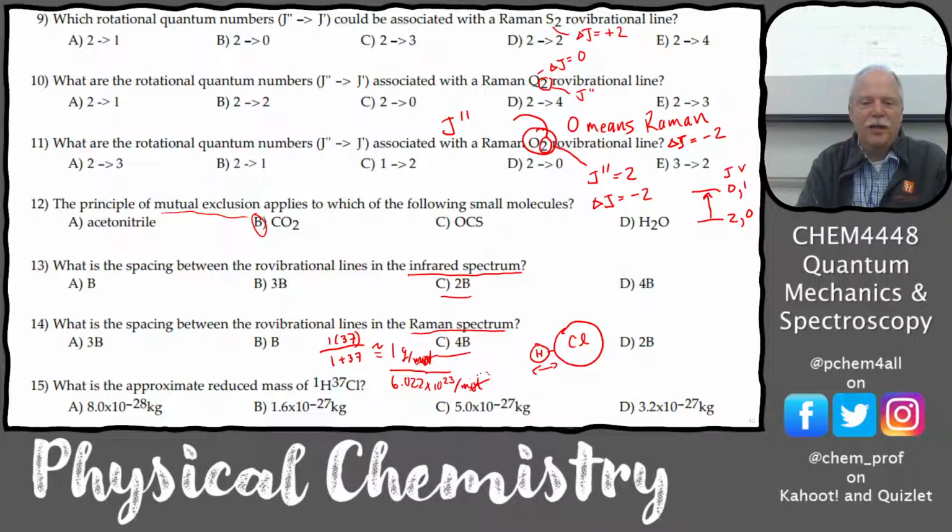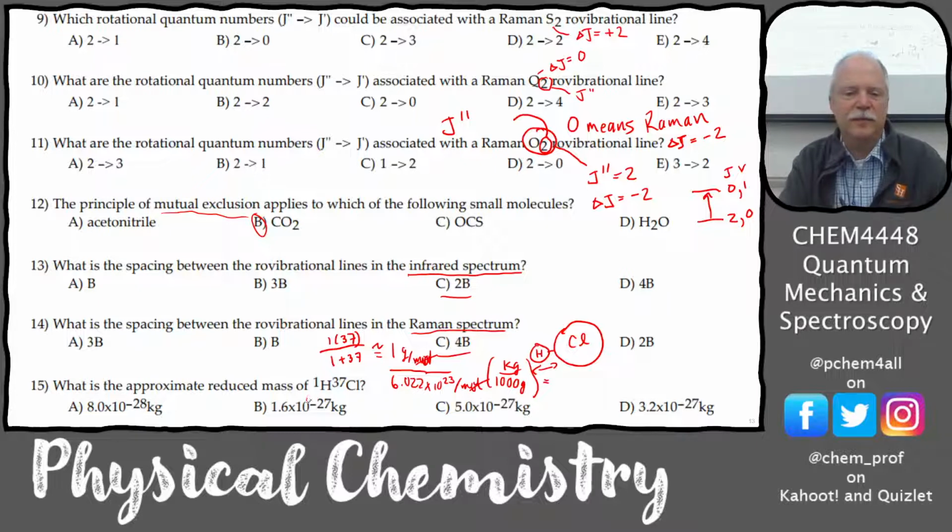And then I've got grams and I want kilograms, right? So 1,000 grams is a kilogram. That gives me the mass in kilograms, which is going to be 1.6 times 10 to the minus 27. So you should be pretty quick in getting out of grams per mole and into kilograms and back and forth.